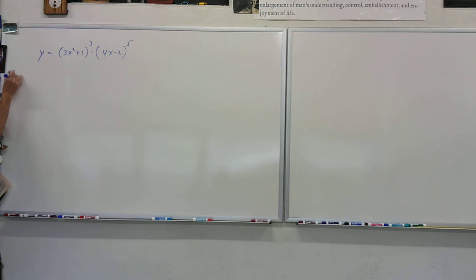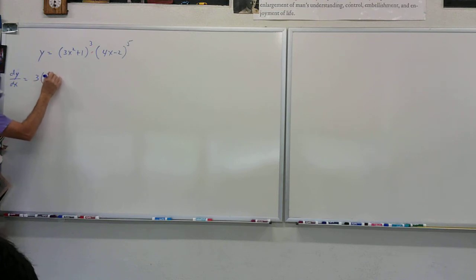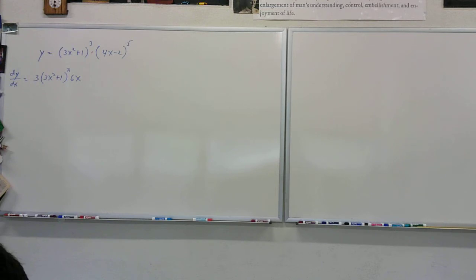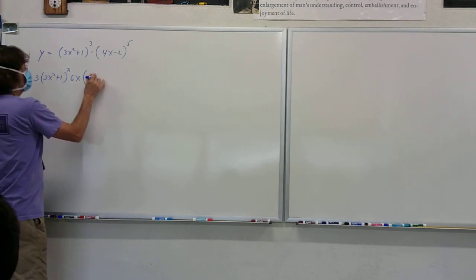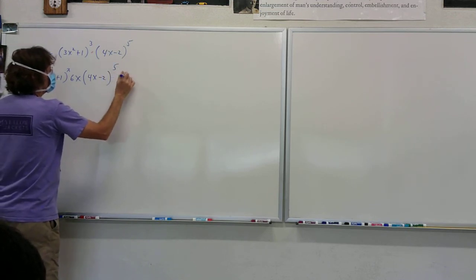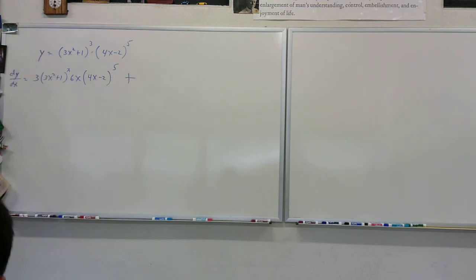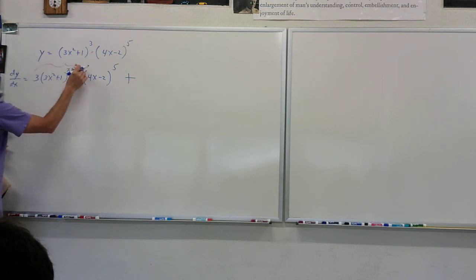dy over dx equals, bring the 3 to the front, write down your 3x squared plus 1, subtract the power, and then don't forget to write what out here? 6x. That's just the derivative of the first part. Is that good? Then you know you have to write down the second term. Plus, okay, so there's your first term's derivative.